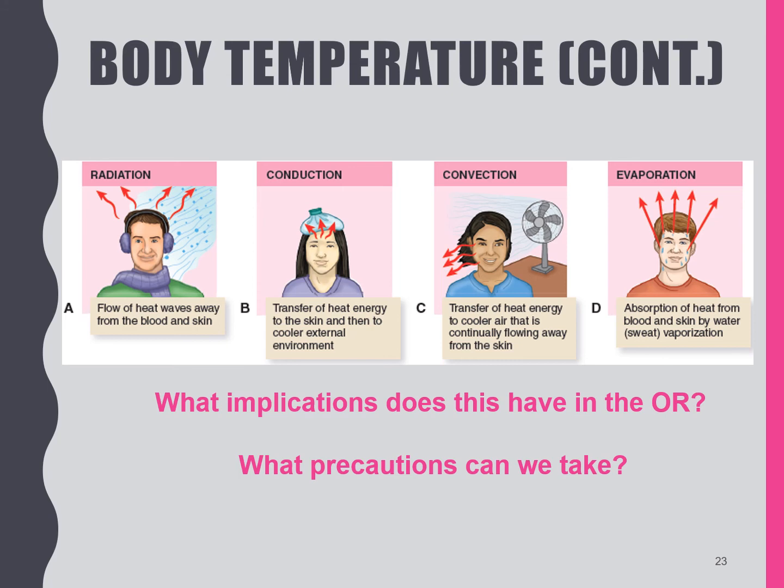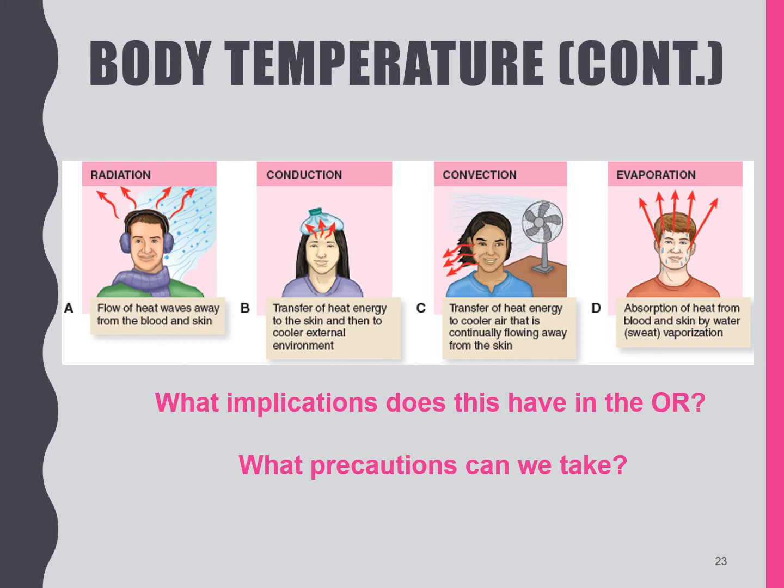And so this is a big deal in the operating room. Remember how we talked about the environment of the operating room is really cold. It's 65 to 75 degrees. And when you're in there in a little flimsy gown and you don't have any other clothes on besides that, it is cold. And then when we get ready to do surgery, we're going to uncover all the area that we're working on.